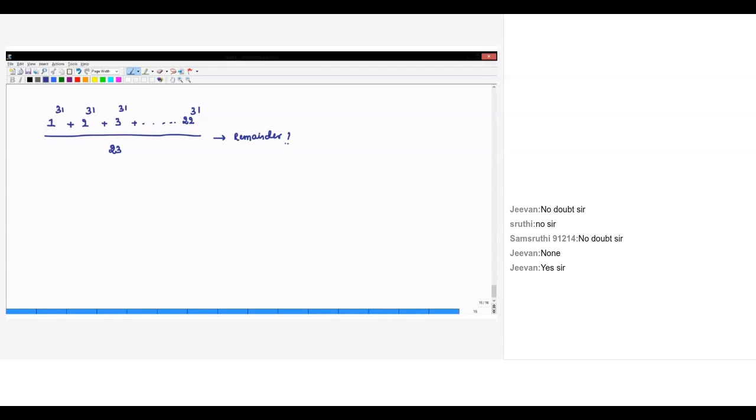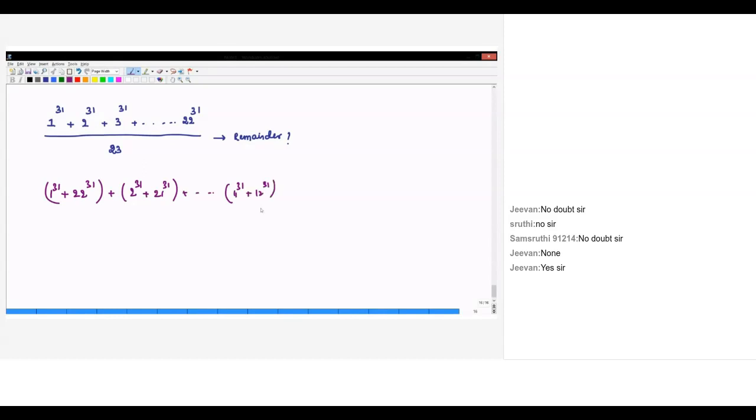See here. First term you take last term. First term and last term you take it. Second term and second last term. 11 to the power of 31, 12 to the power of 31. Everything is in the form of a power n plus b power n.